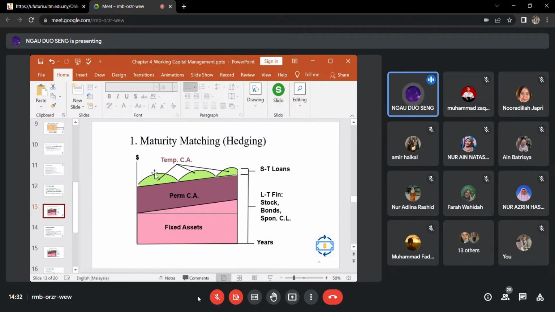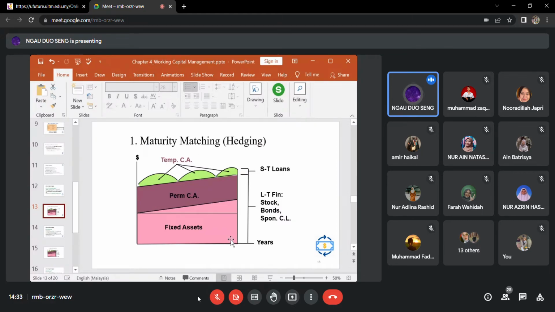Alright, if you are referring to this graph, the y-axis refers to money, and the x-axis refers to the duration, the time. You can see that we have divided the asset into 3 categories: fixed asset, permanent current asset, temporary current asset.